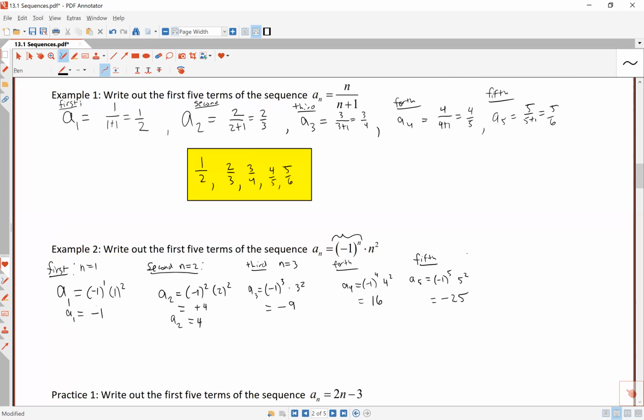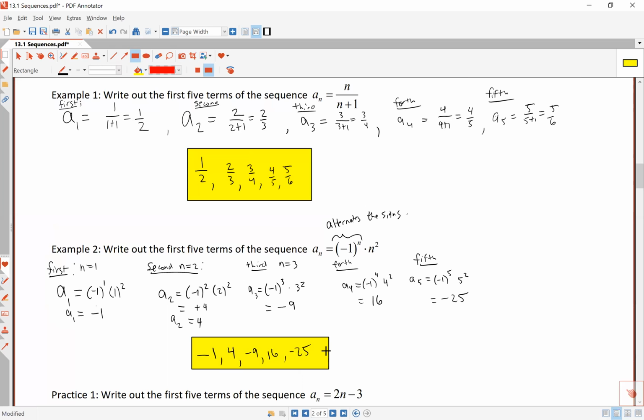Then the next one after that, the 6th would be positive, the 7th would be negative. So we say that the negative 1 to the nth alternates the signs. We had negative 1 first, 4 second, negative 9 third, 16 fourth, and negative 25 fifth. Alternating sequence is what we call it, and then you have the squares.